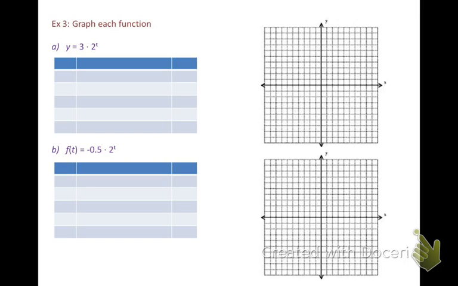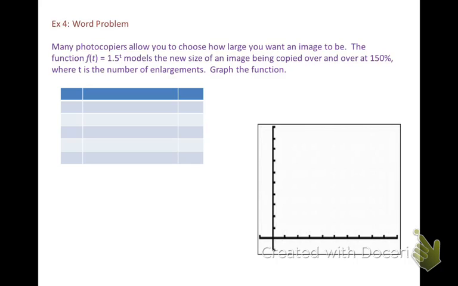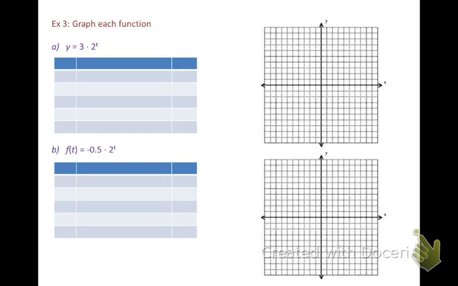Okay, so this time when you graph, they're going to give you an equation. This is the equation they gave you right here. Now, I want you to make a table. I want you to have 0 in the middle. 0 is always going to be your middle.